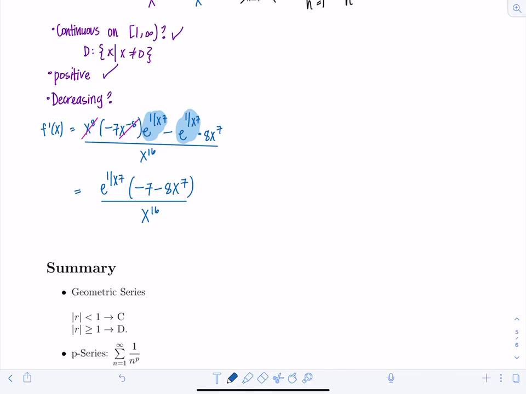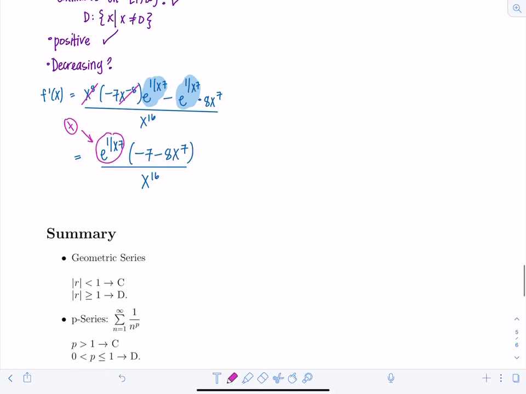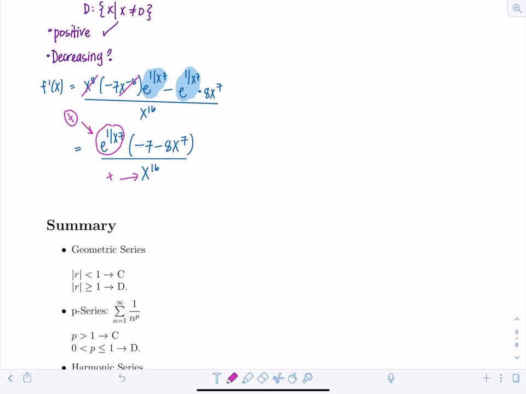Okay, now let's look at this. e to the 1 over x to the 7th, that's always positive, right? Think of your graph of e to the x. x to the 16th, that's also always positive. Now what about negative 7 minus 8x to the 7th? Remember, we're only considering x's from 1 to infinity. x is always greater than or equal to 1.